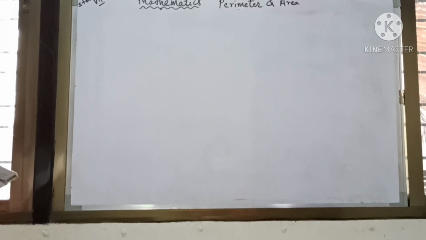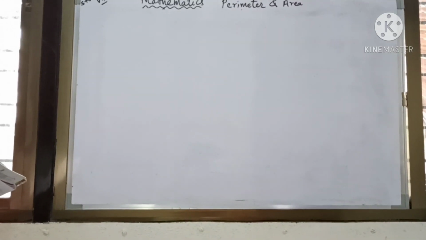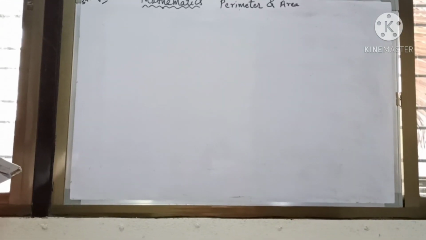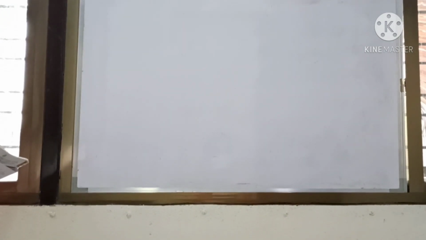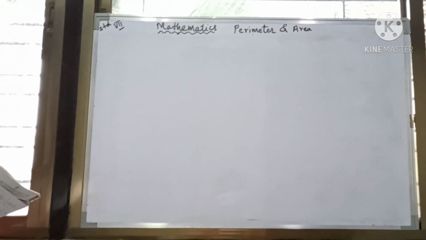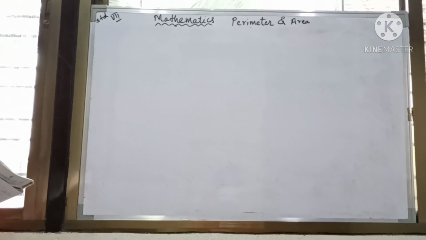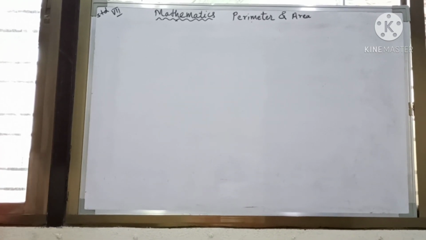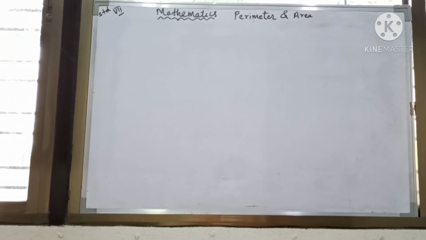The next sum: a rectangular hall is 12 meters long and 6 meters broad. Flooring has to be made of square tiles, 30 centimeters. How many tiles will fit in the entire hall? And how many would be required if the side of one tile is 15 centimeters? So the hall has to be fitted with tiles.